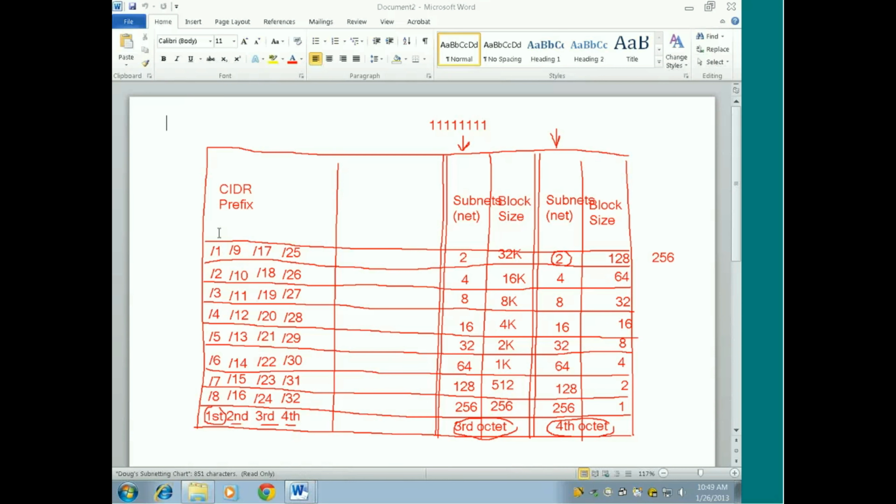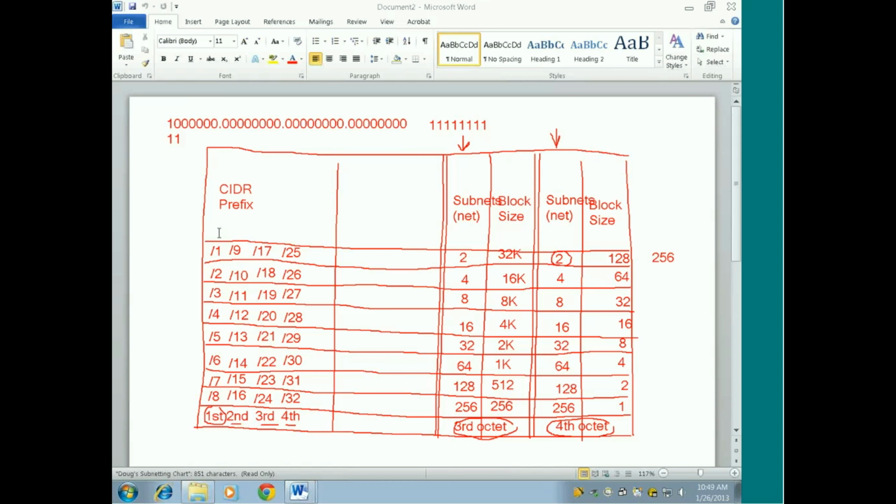Come on, what's a /1? Isn't that a /1? One bit on, from left to right, /1. True?